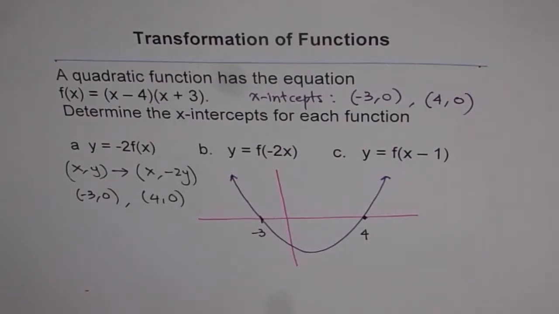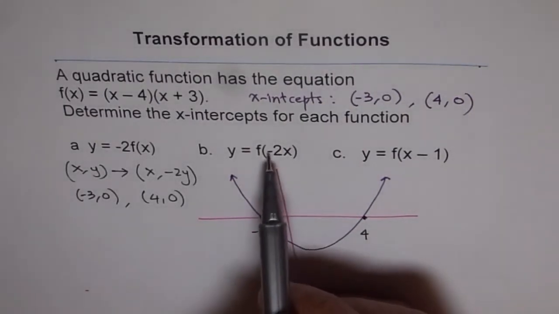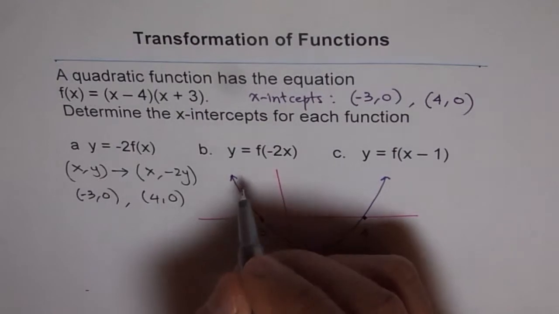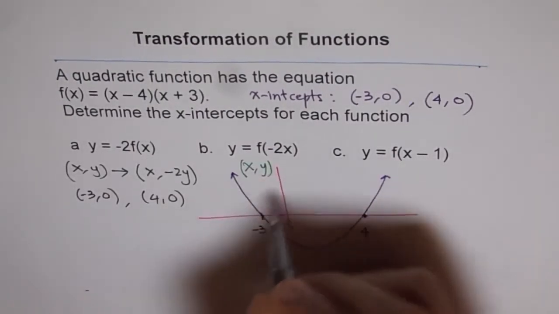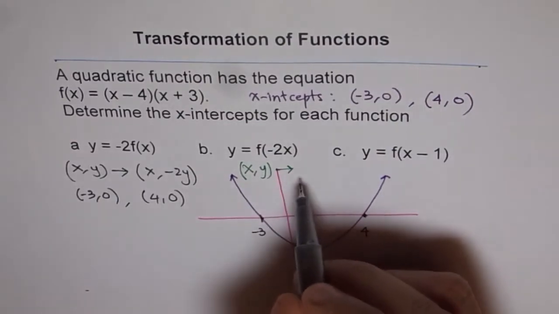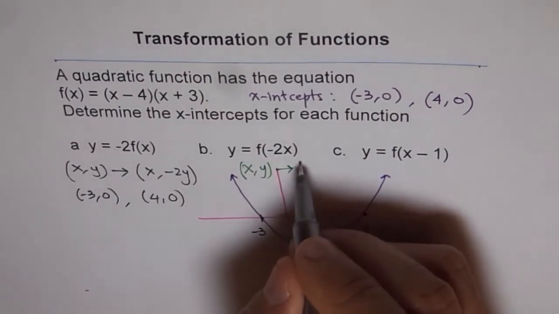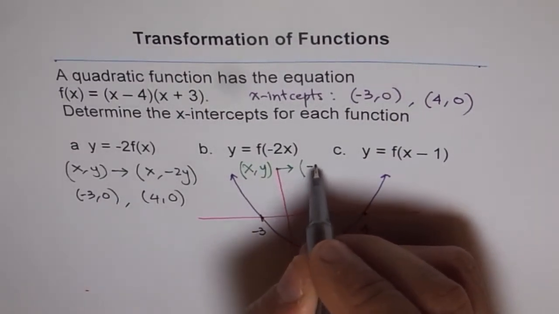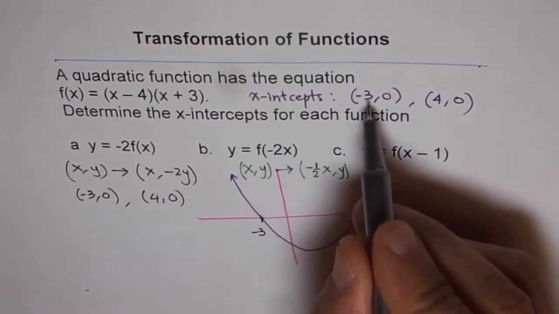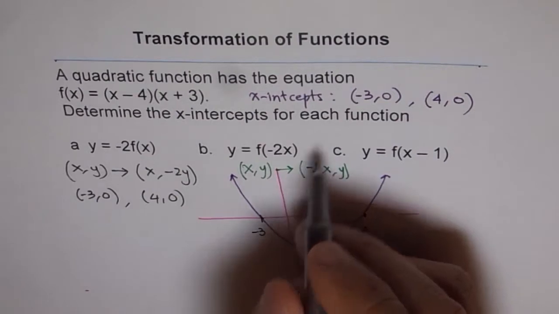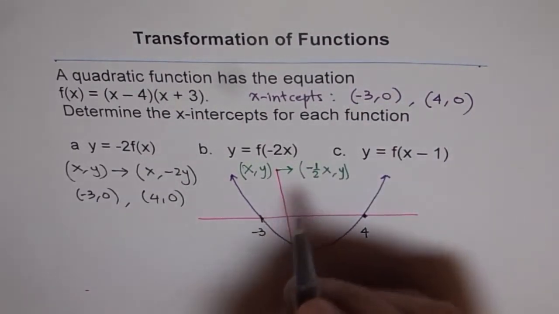Now the next one is f(-2x). So how are the points getting transformed here? The original point, let us say, is (x, y). So in this case, x points get multiplied by -1/2. So we get (-x/2, y), right? So the new points will be: minus of -3 will be plus.